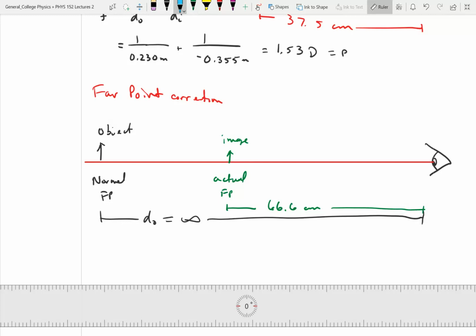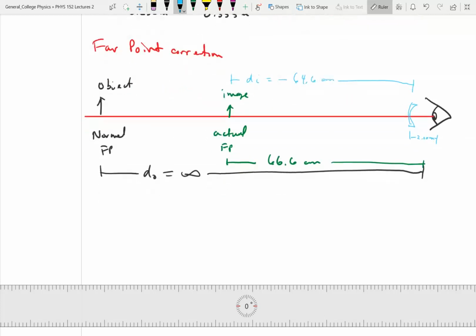And now we have to put our lens in. Now it's going to be our concave meniscus with our 2.00 centimeter offset, which means that distance image is equal to minus 64.6 centimeters. Minus 64.6 because of that 2 centimeter offset.